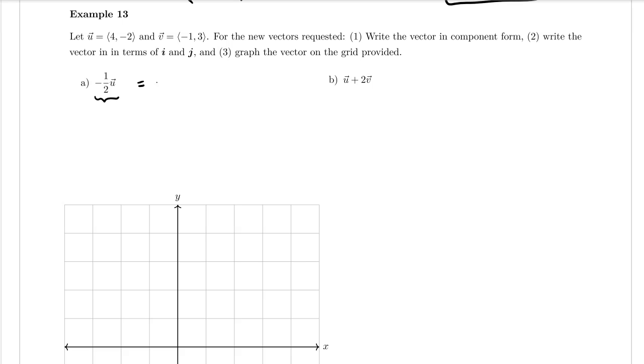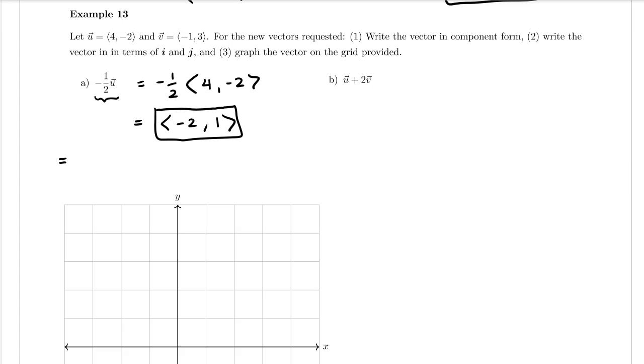So this is going to be equal to negative 1/2 times <4, -2>. And if I multiply each of the components by negative 1/2, that is going to give me <-2, 1>. All right, so here's the component form.